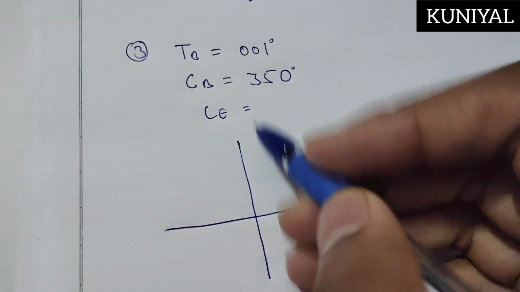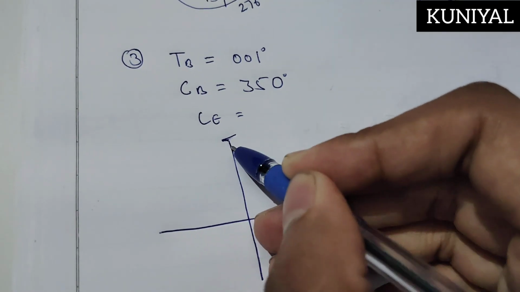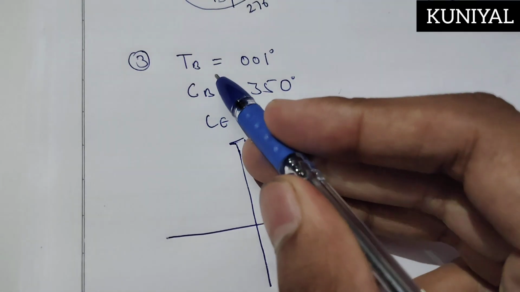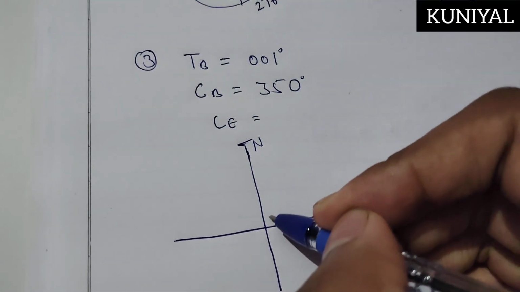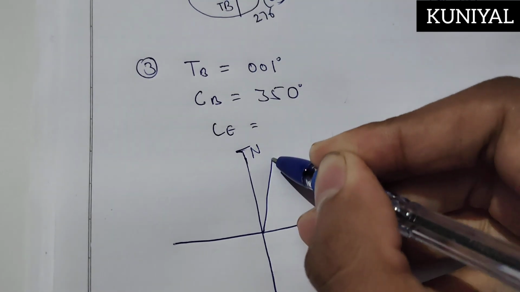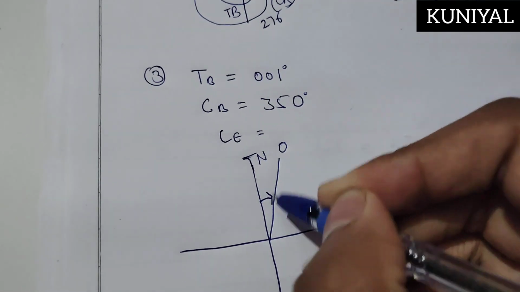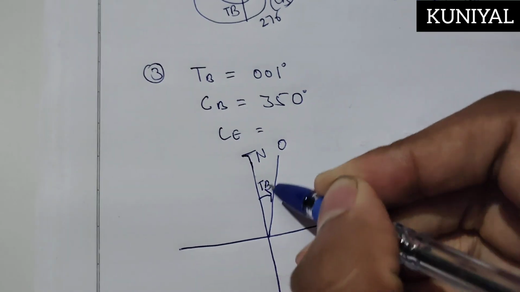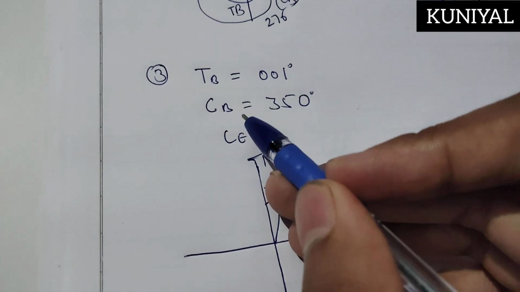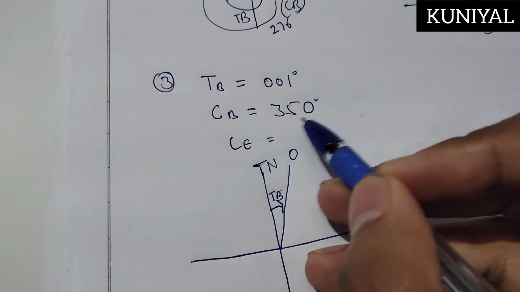So let's take the true north here, and we have a true bearing of 1 degree. So it will be somewhere like here. The object is here. This is the true bearing. And we know the compass bearing is 350.